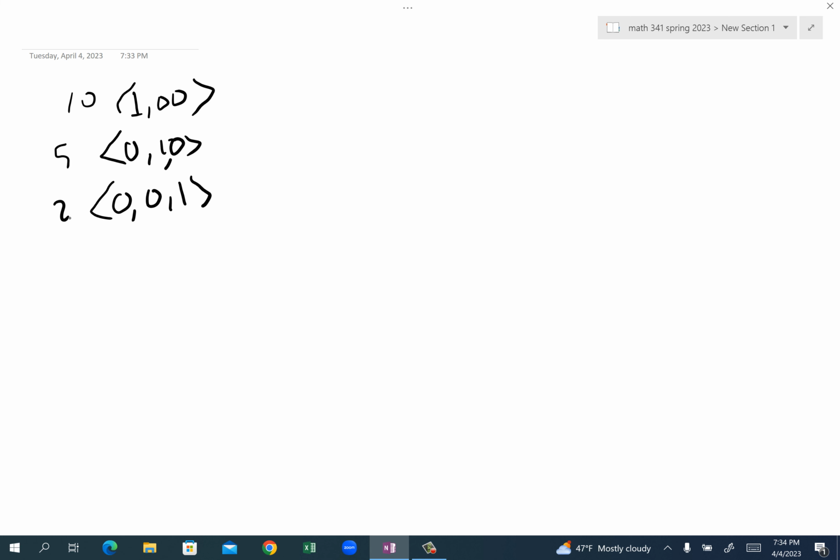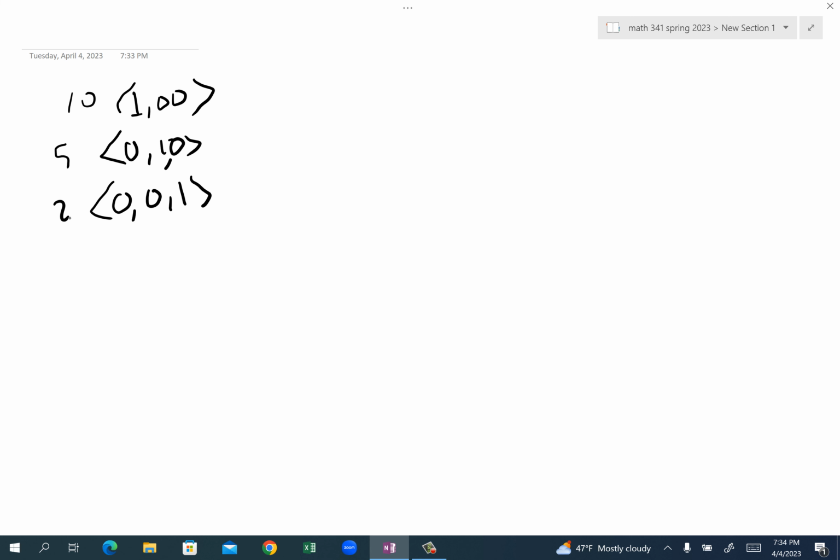I think it's pretty obvious that if you had 1, 0, 0, 0, 1, 0, 0, 0, 1, for instance, those three vectors would create all of x, y, and z space. If you multiply this one by 10, this one by 5, and this one by 2, you'll end up with the point 10, 5, 2, obviously. And you can do the same thing for any other point.